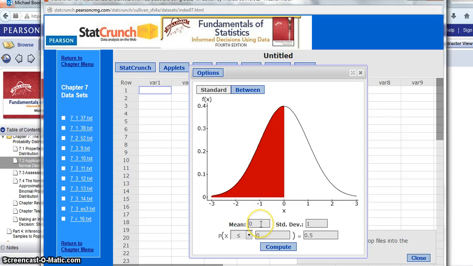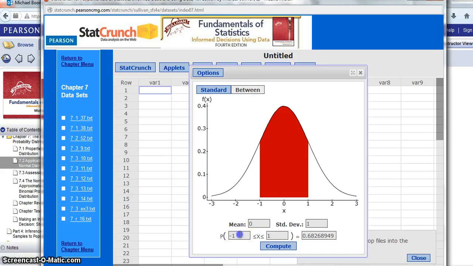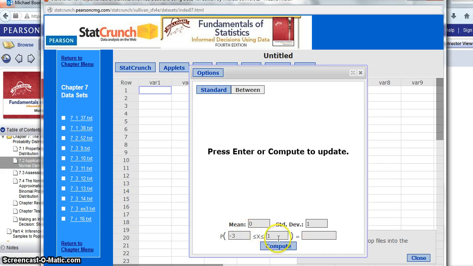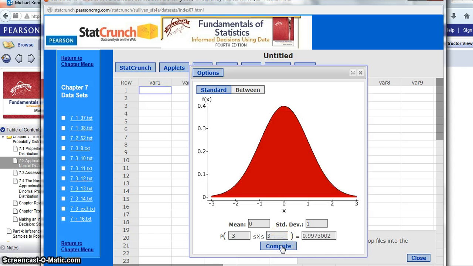And for a z-score, the mean is 0 and the standard deviation is 1. So that's just for z-scores, and it's set up for z-scores. So if I want to do between -3 and +3, it will find an answer for me. And again, 99.7% based off the empirical rule.